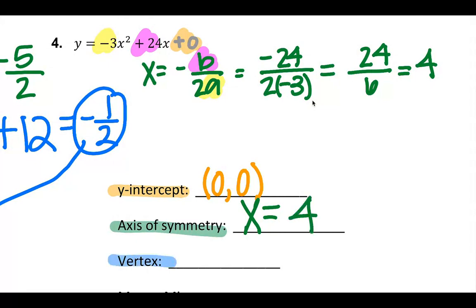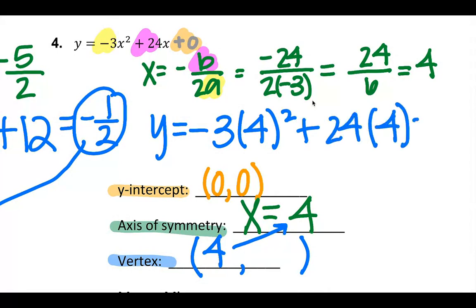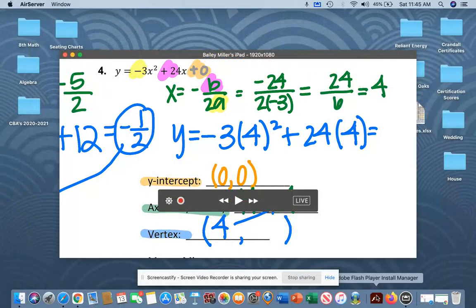The vertex, I'm going to use that x from above. So that's my first number of my vertex, which is 4. Then to find the second number, I've got to plug back in y equals negative 3 times 4 squared plus 24 times 4. Again, I'm going to plug this into Desmos.